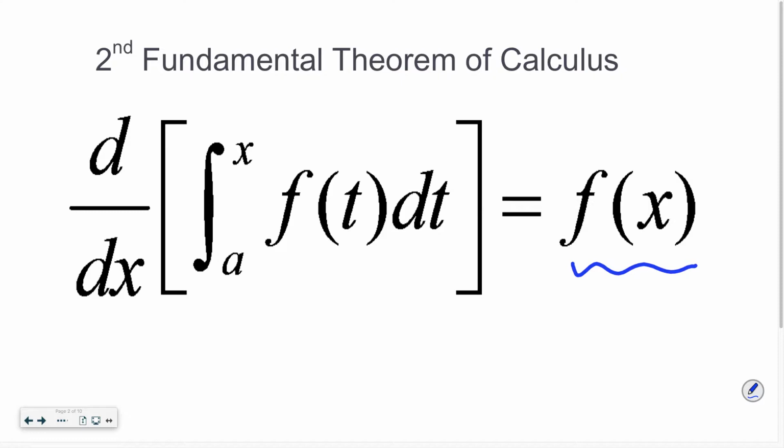So just go ahead and put your pencils down because writing this down is not necessary. For this purpose, capital F is going to be our antiderivative function. That's how I'm going to notate it.